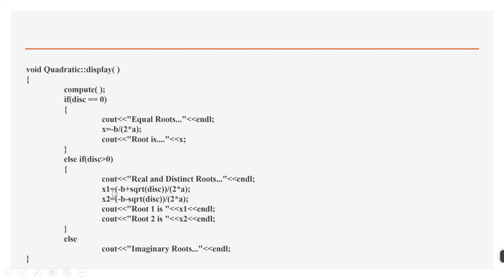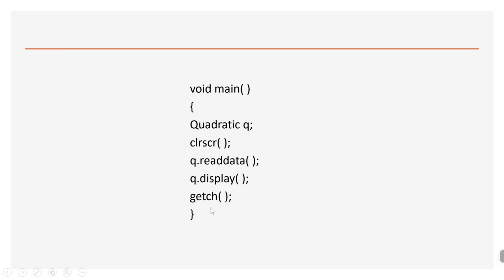I will find x1 as minus b plus square root of the discriminant by 2a and display x1. x2 is minus b minus square root of the discriminant by 2a. I will display root x2. Otherwise, if it is not equal to 0 and not greater than 0, ultimately it should be less than 0, the third condition. So in the else condition, I'll just mention that roots are imaginary.